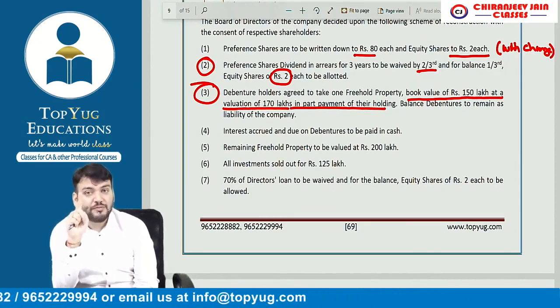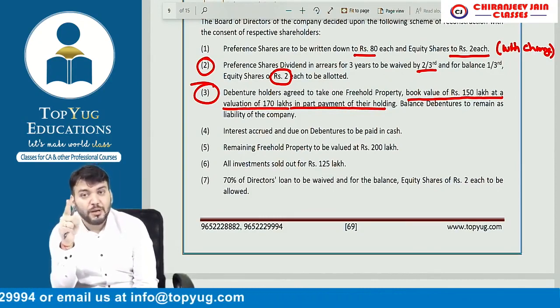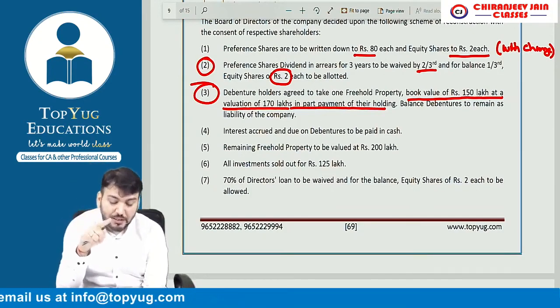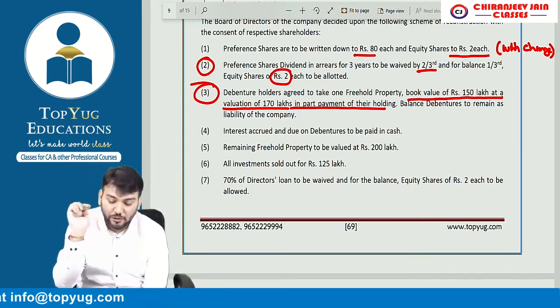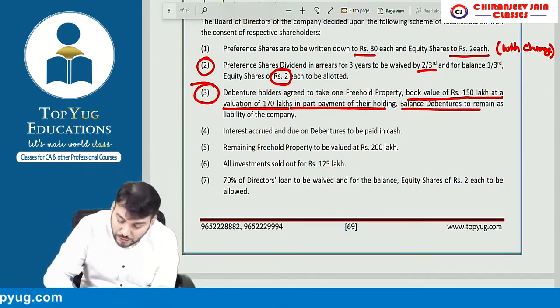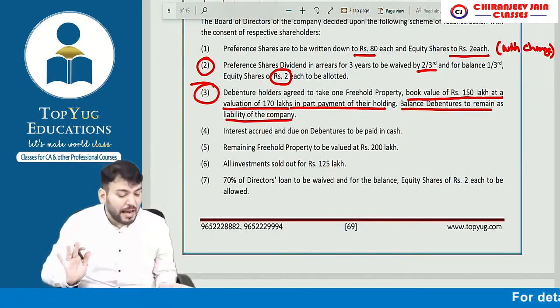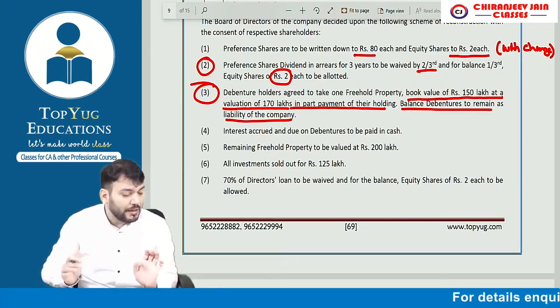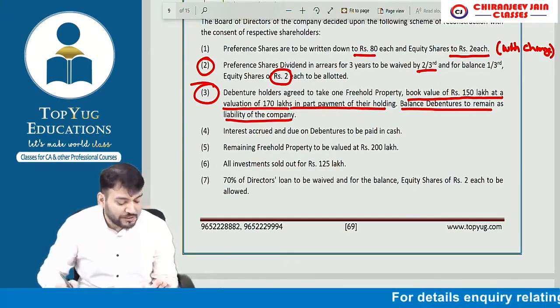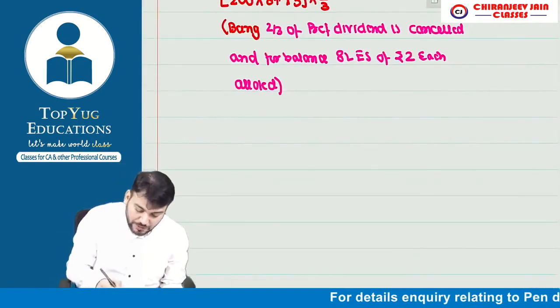Means there are two transactions. First we need to increase the book value of the fixed asset, and then that is taken over by debenture holders. Balance debentures to remain as liability of the company. Correct? Yes sir. So here there is 6% debenture, so what entry will we pass? Point number 4.